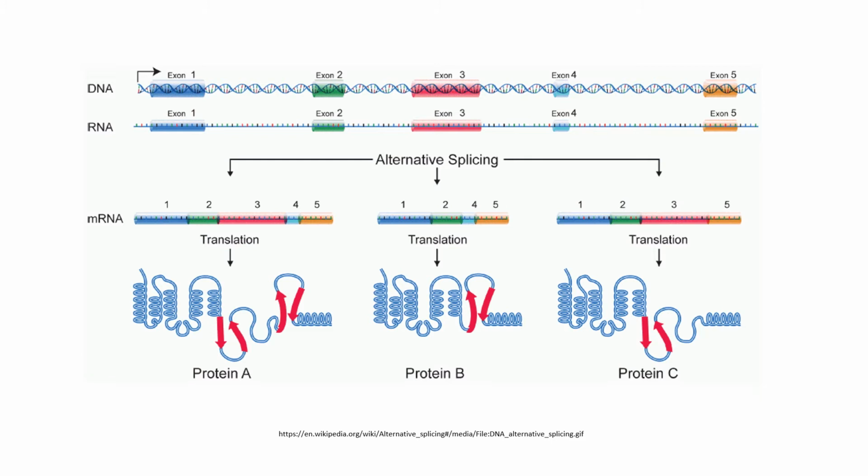And at one time, the cell, for a given need, can splice things one way and make protein A, and then when conditions change, it will change over in a dynamic process and make protein B or protein C or protein D and so forth. And so here's another function of these RNAs, now intron RNAs, an amazing phenomenon.